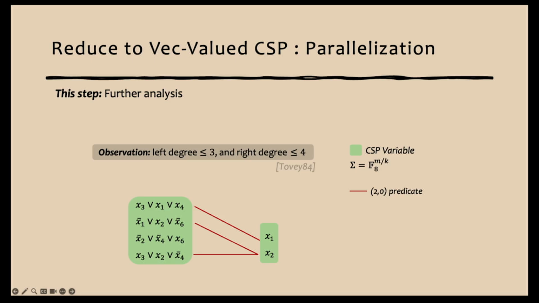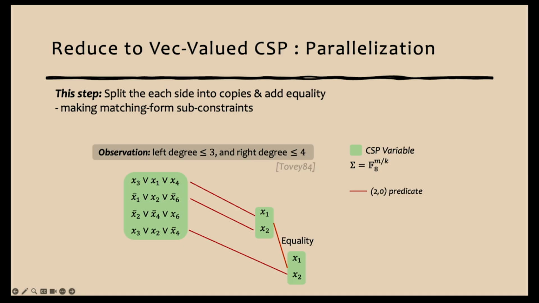The left degree is at most 3 because every clause has at most 3 variables, and the right degree is at most 4 because every variable appears in at most 4 clauses. This is by Tovey's reduction. So we can do a further split, add more equality constraints between them, and we can make the internal constraint be in a matching form.